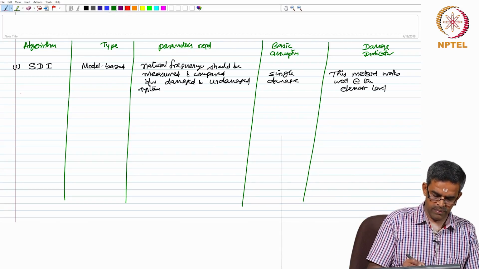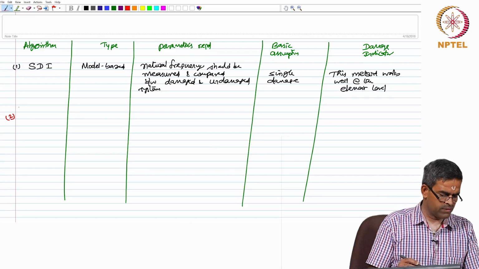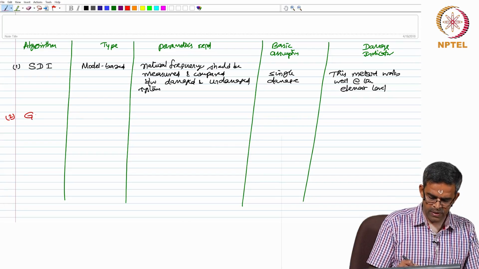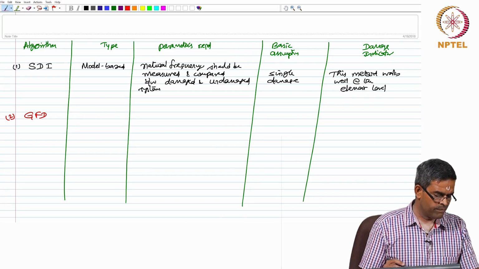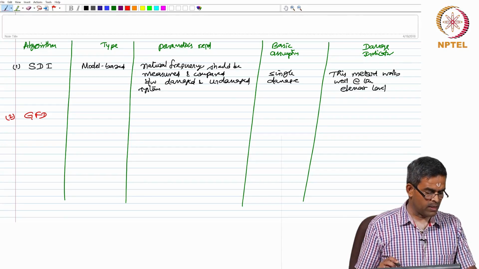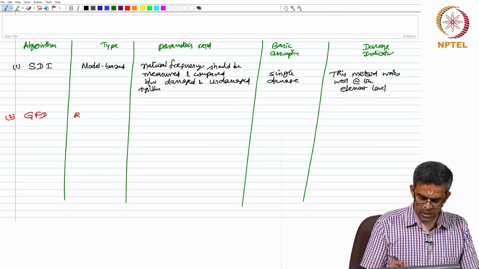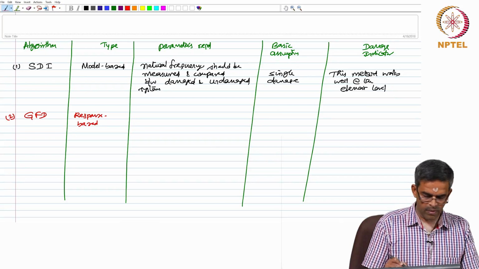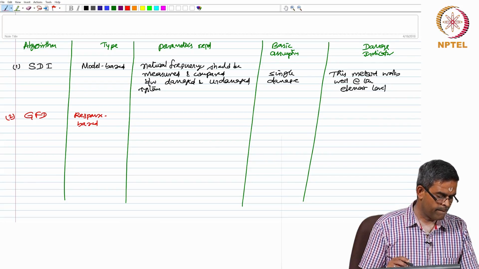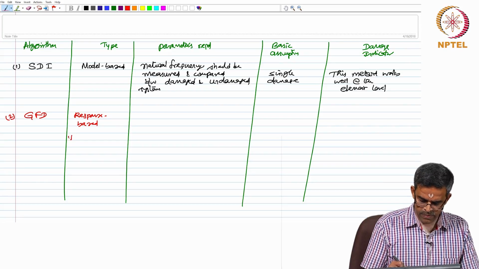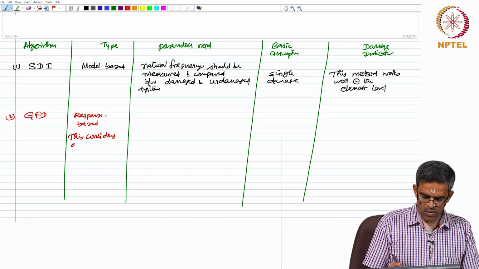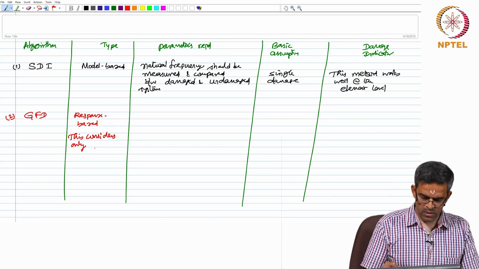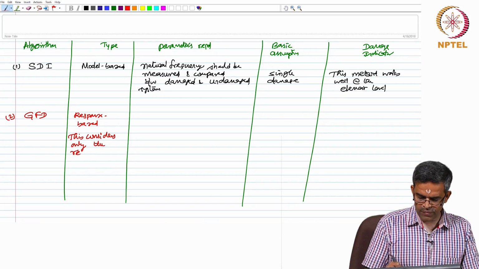Now, the second method, which we have seen for comparison, is GFD, the generalized fractal damage method, which is actually response based. This considers only the response of a damaged state.